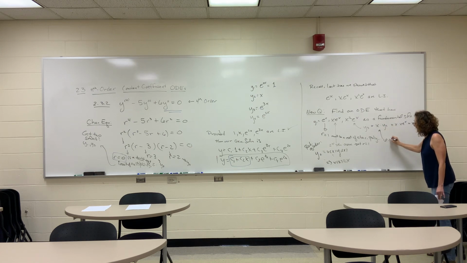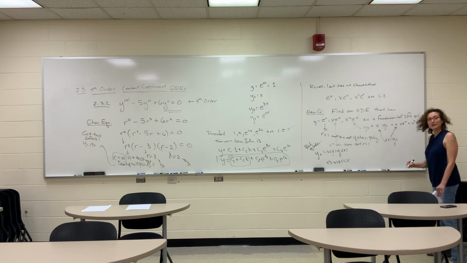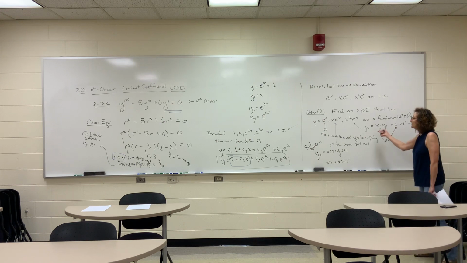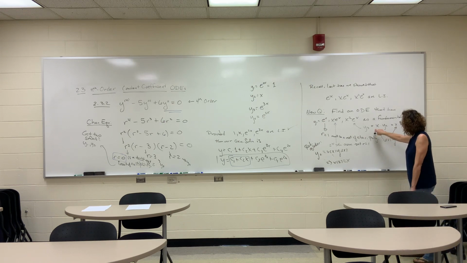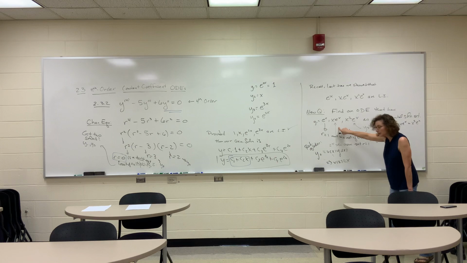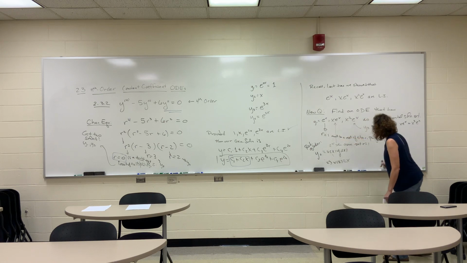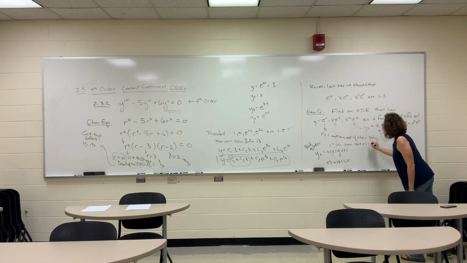Same idea of the reduction of order method, where v of x ends up also being x again, right? And so what does that mean? We created another solution from a previous solution. So this is a second solution associated with that guy, which is a third solution associated with that guy, which tells you what about the root?